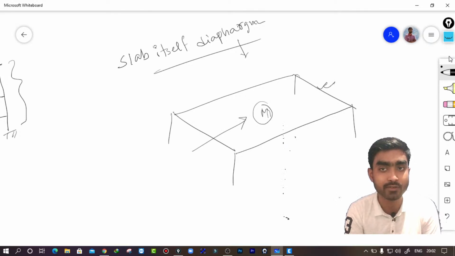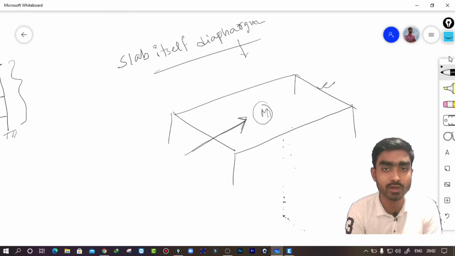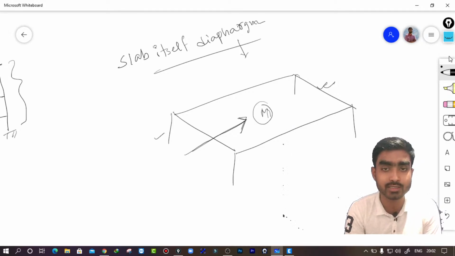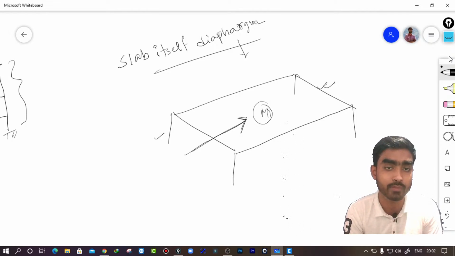This lumped mass at the floor level, and this lateral load, if you talk about the lateral load resisting members, here these columns or the shear wall, if you are having a shear wall, these columns or the shear wall are our lateral load resisting members, right?